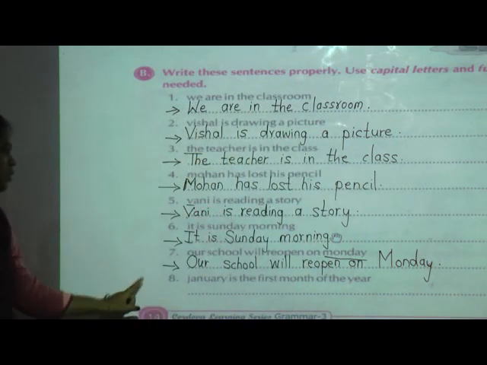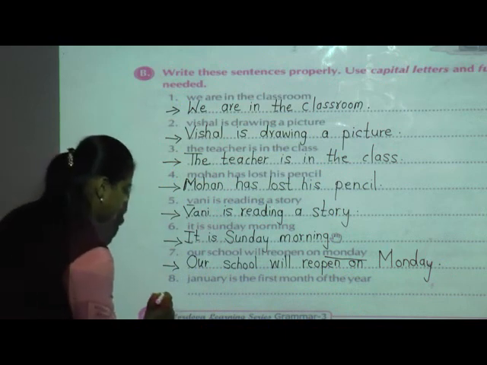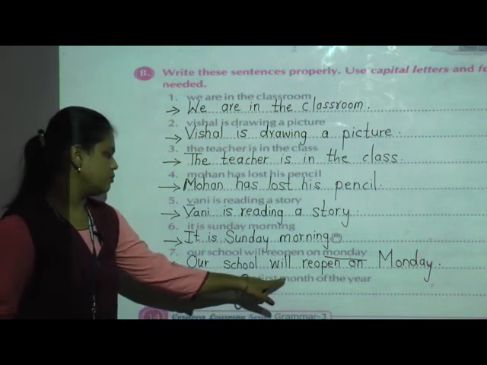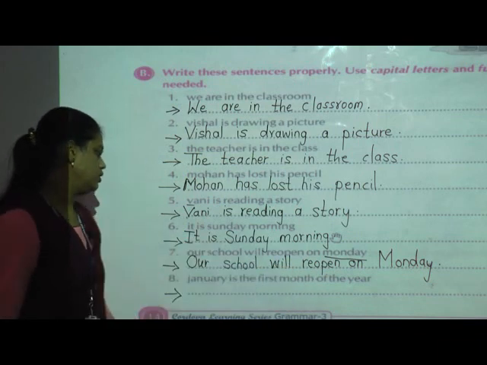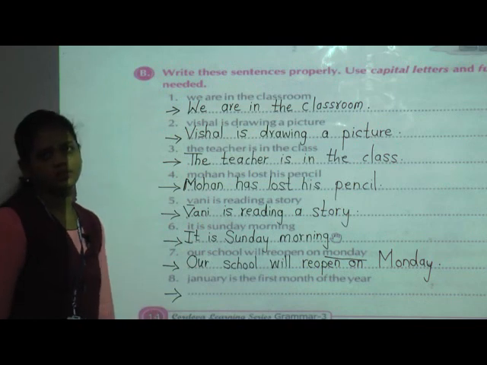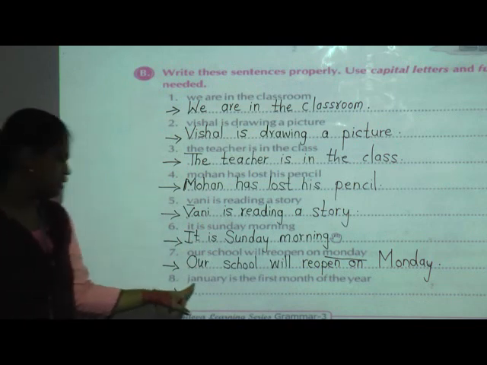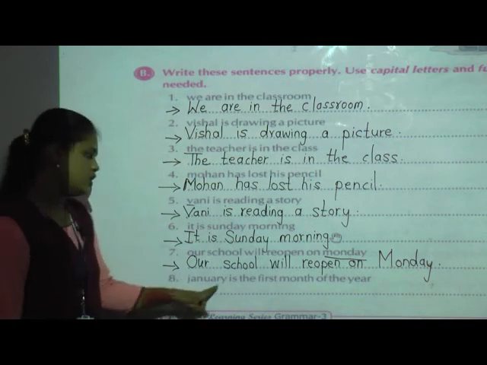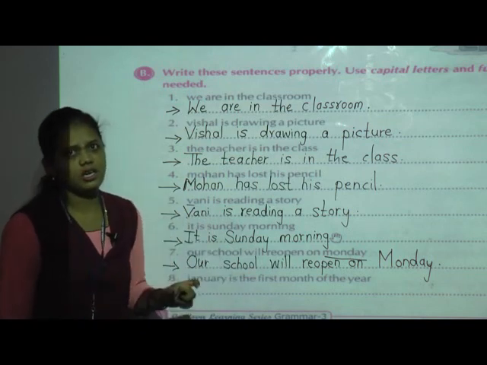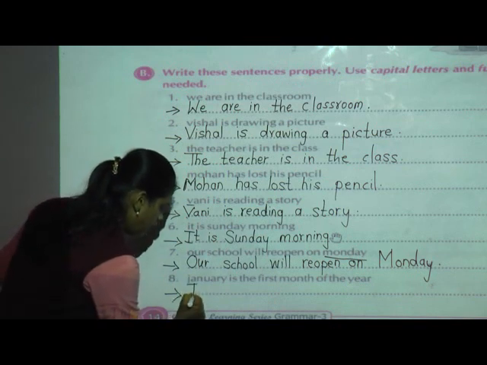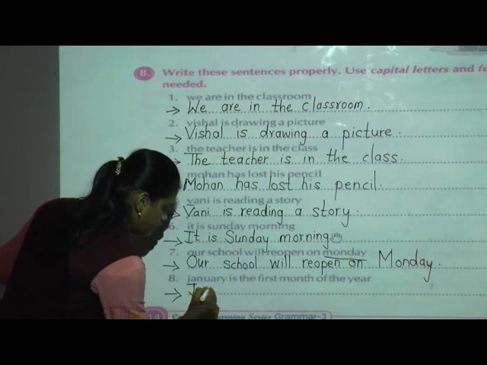Okay. Now last one is January is the first month of the year. Here January is the name of one month, we can say January is the first month of the year. So here January, J I am writing in the capital and the remaining letters in small.